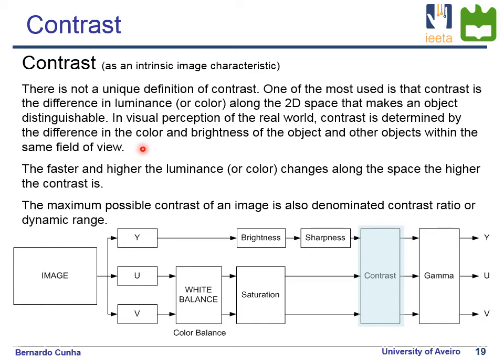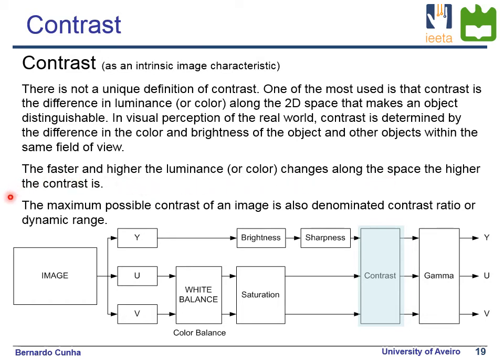And therefore, we can say that contrast, for instance in terms of luminance, has to do with the rapid or slow variation of luminance across or along a line on our image. The faster and higher the luminance changes along the space, the higher the contrast is.